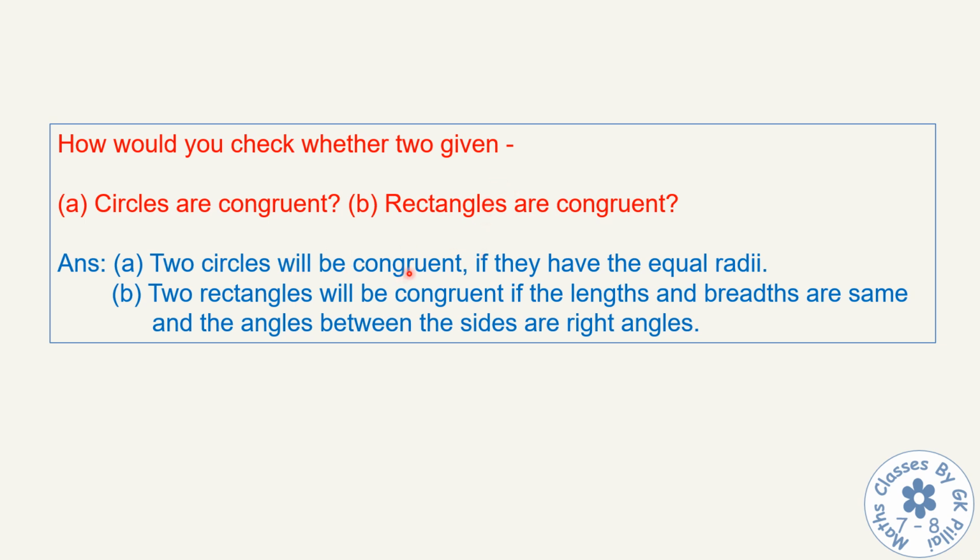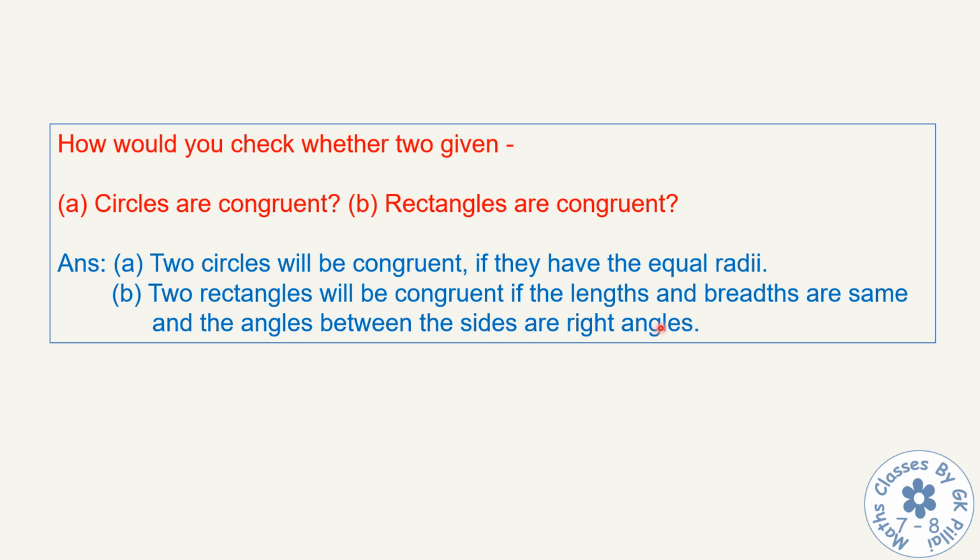Two circles will be congruent if they have equal radii. Suppose there are two circles with radii 7 cm. Definitely the two circles will be congruent. Now rectangles. Two rectangles will be congruent if the lengths and breadths of the two rectangles are equal and the angles between the sides should be right angles.